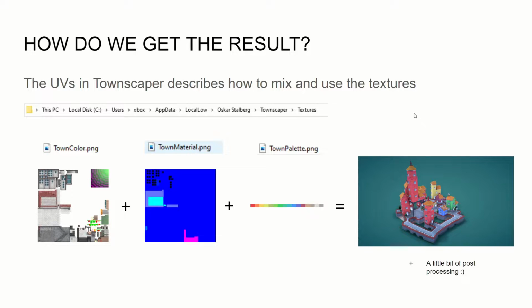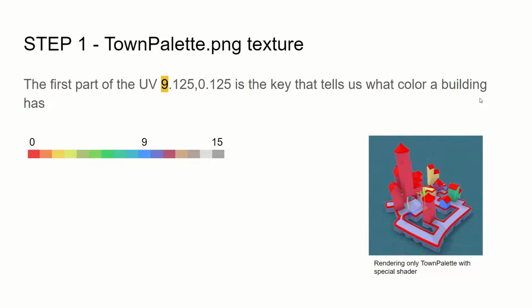So how do we do this? The first part is to understand the townpalette.png texture. The first part of our UV coordinates, as we said, could be a large number, like 9, 4, or whatever. But in this example, we'll use the 9. This is actually the key that tells us what color should be used, a palette index, sort of.